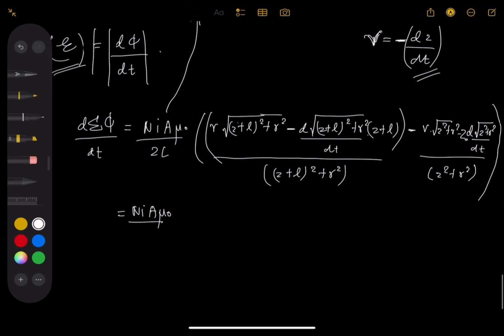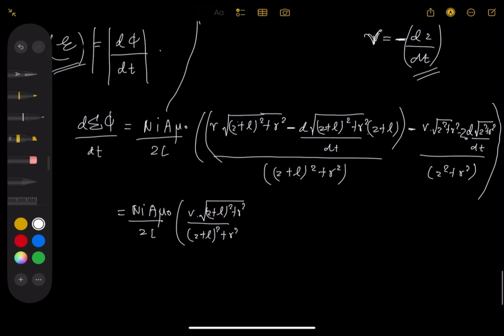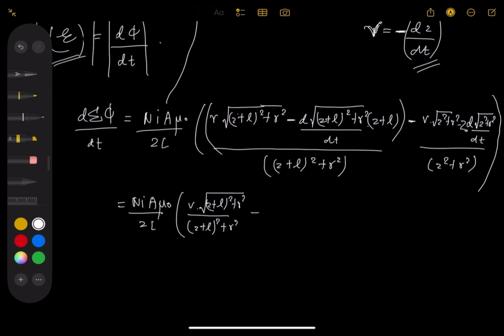N I A mu naught over 2L times v, with z plus L whole squared plus r squared divided by z plus L whole squared plus r squared. That is going to yield something along the lines of the derivative of the first function times the derivative of the second function evaluated at the first function.